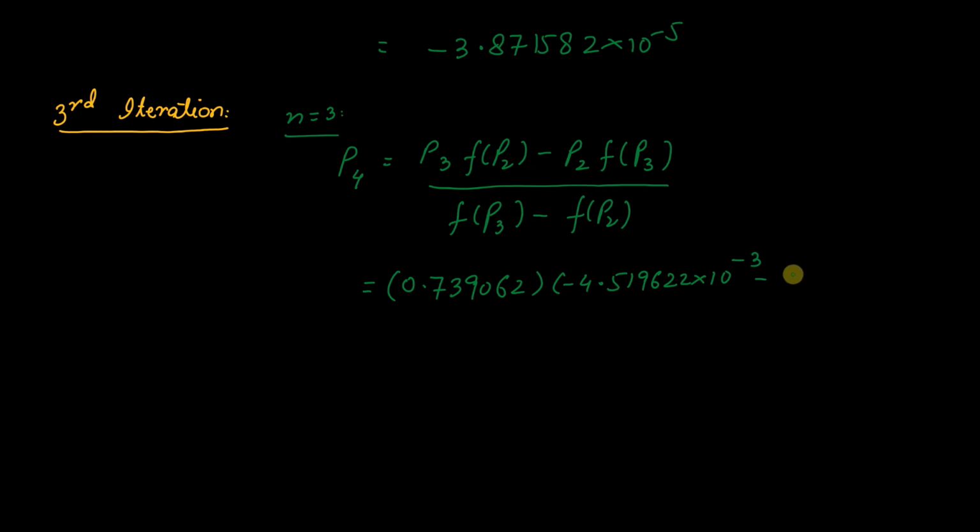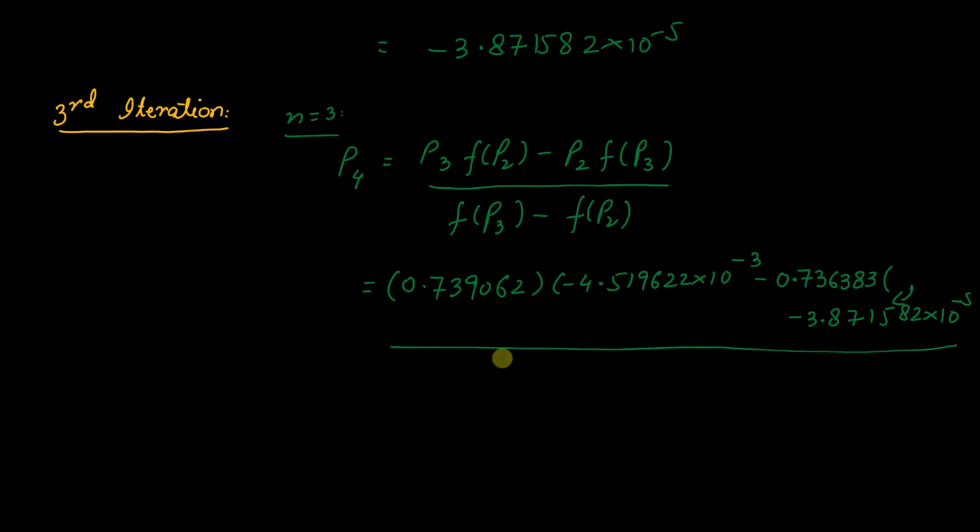The value of P2 is 0.736383, and f of P3 is minus 3.871582 times 10 raised to the power minus 5. We don't have a space, so I'm just shifting a little bit lower.